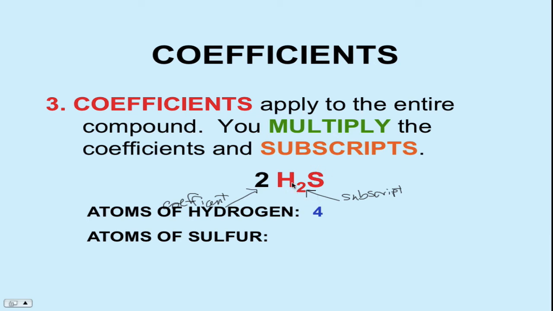Now for sulfur, we're going to take 2 times the subscript for this guy, which is, remember, just 1. So 2 times 1 is 2. Add them all up together, we should get 6 altogether. Now, in your notes for Rule 3, you've got 3NaO2. Really quick right now, pause the video, see if you can figure out how many atoms of sodium, how many atoms of oxygen are in that particular compound.